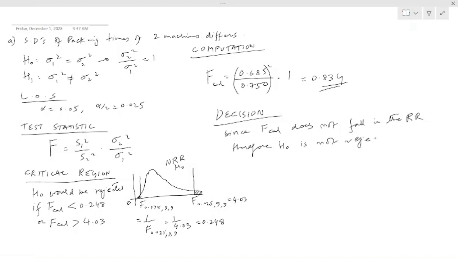What does it indicate? That the variances should be treated as equal, because this is what is stated in H naught.